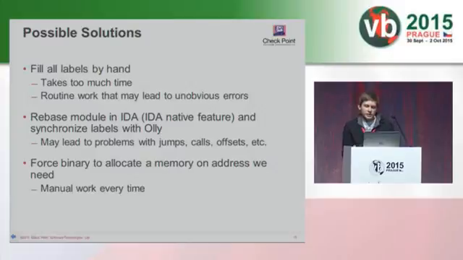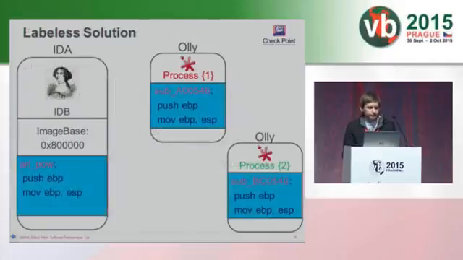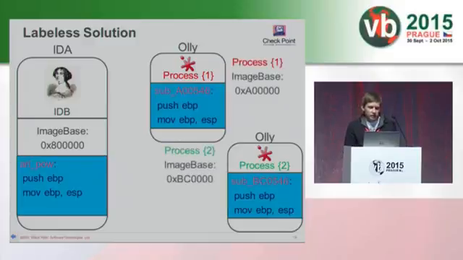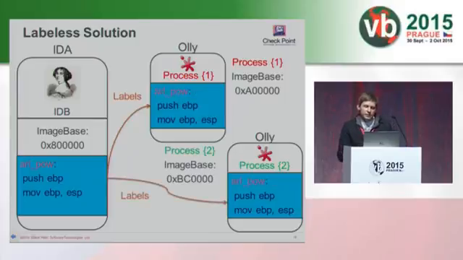And finally, we can force the binary to allocate memory at the address that we need, but this requires a lot of additional tracing and controlling of the executable. Or we can just use Labeless. Despite three completely different image bases, we're still able to sync labels and other information.